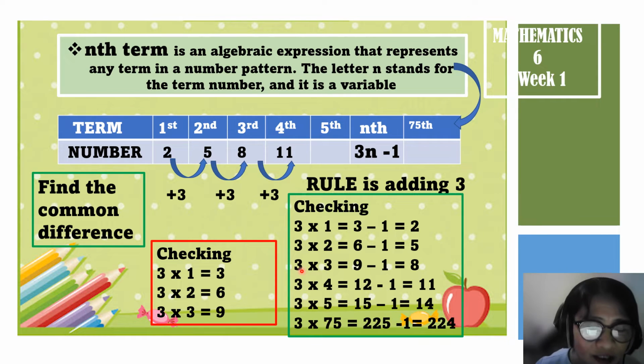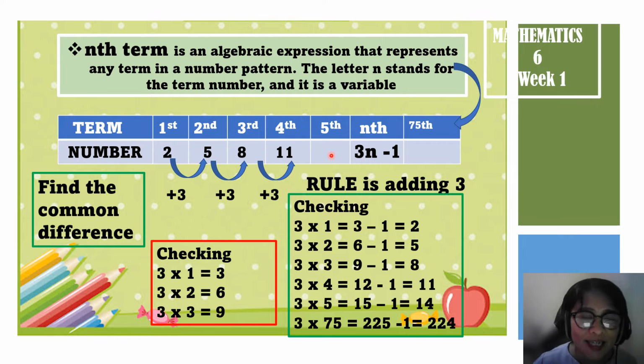So, ang second term naman ay 3 times 2 is equals to 6 minus 1 is equals to 5. Ayun, tama na rin tayo. Then, third term, 3 times 3 is equals to 9 minus 1 is equals to 8. Tama na rin. Then, ang pang fourth term natin ay 3 times 4 is equals to 12 minus 1 is equals to 11. Ayan, tama din.